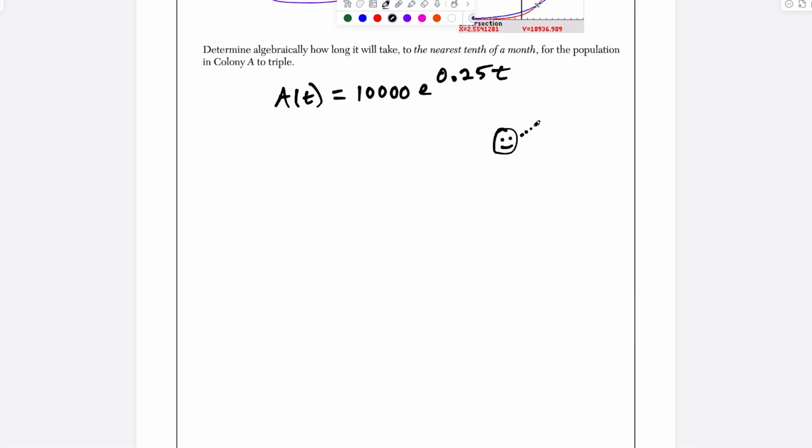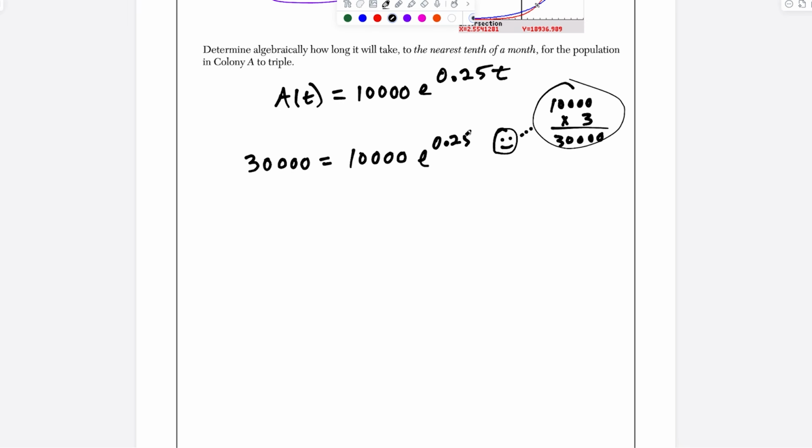So the math that I'm doing in my head is I'm just taking 10,000 and multiplying it by 3. So that would give us 30,000, and that's what I'm setting A of t equal to. So I have 30,000 equals 10,000 times e to the 0.25t. Okay, so this is the setup for the question here.